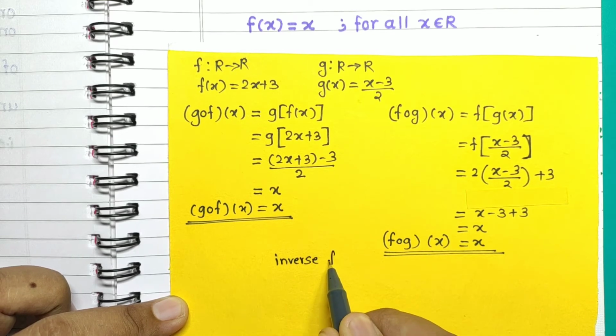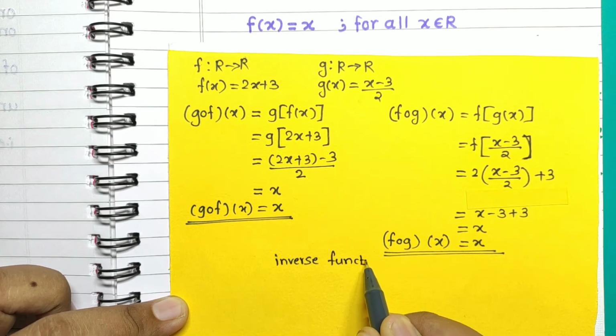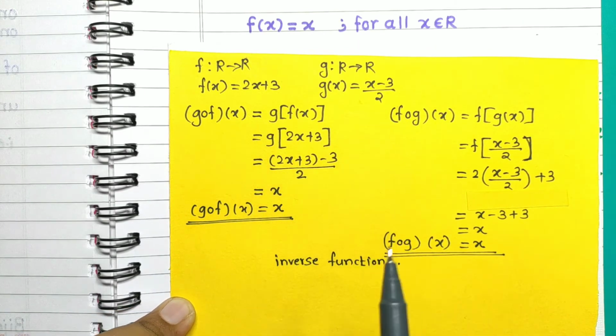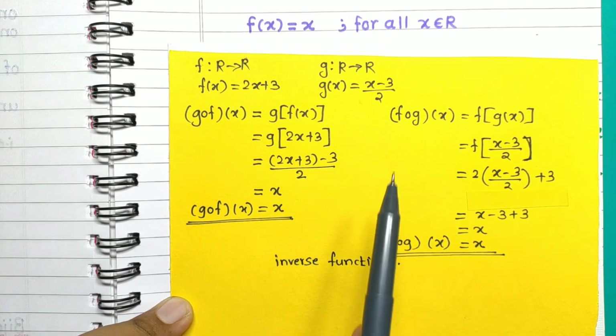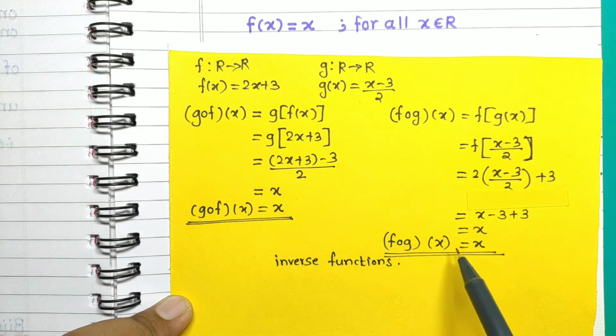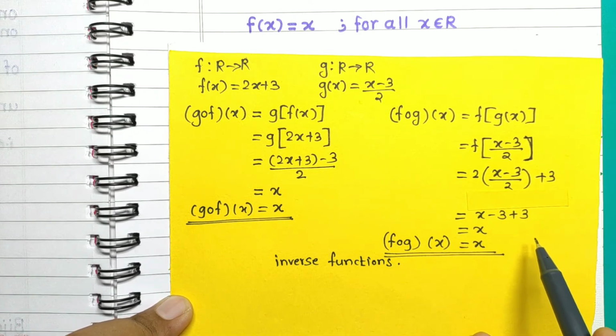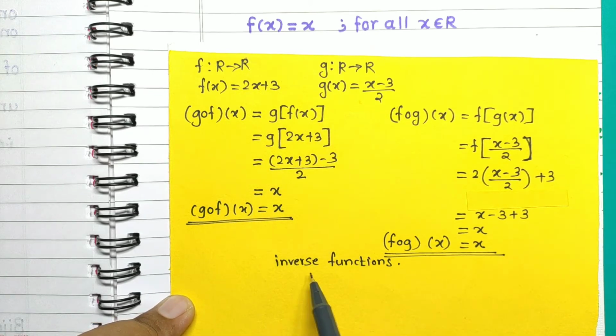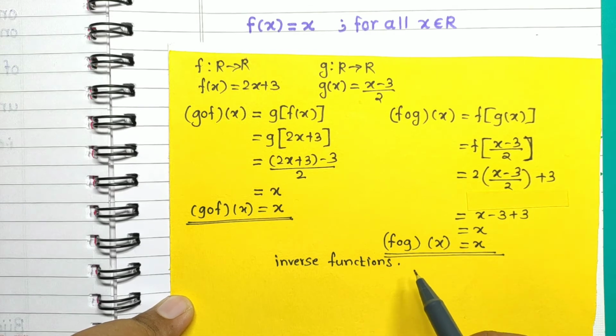These two functions are bijective, that is one-one and onto, and gof of x and fog of x are identity functions. In this case, f and g are called inverse functions of each other.